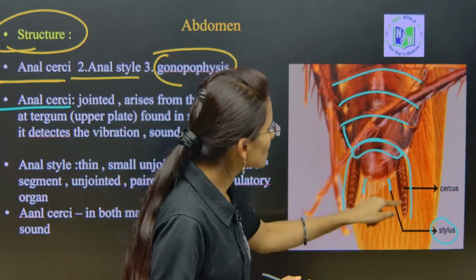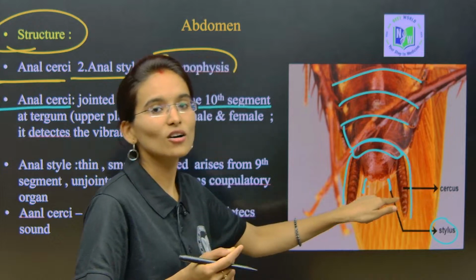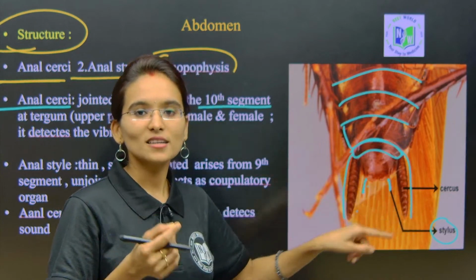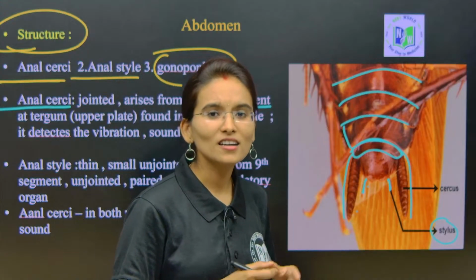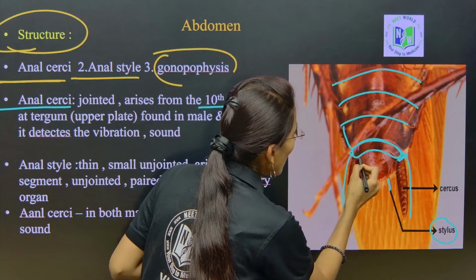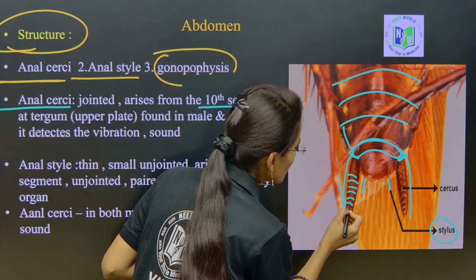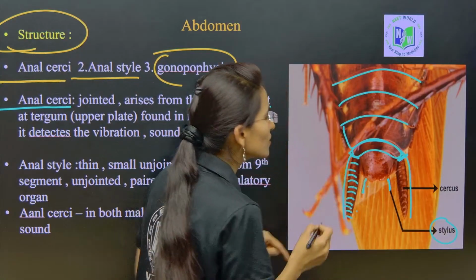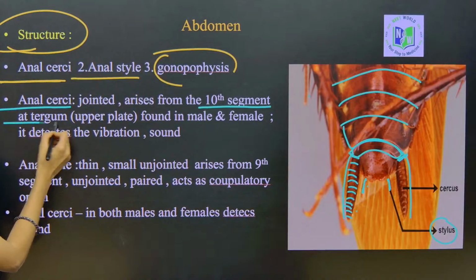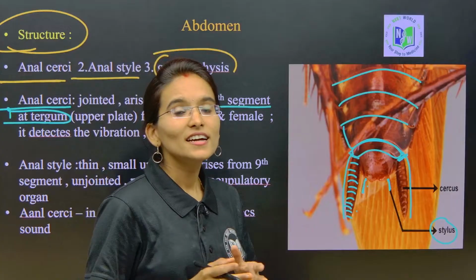From the 10th segment, the anal cerci arise, from the last abdominal segment of the Periplaneta americana. It is jointed to this here, can you see, and it has segments in it, jointed to the 10th abdominal segment at the tergum.